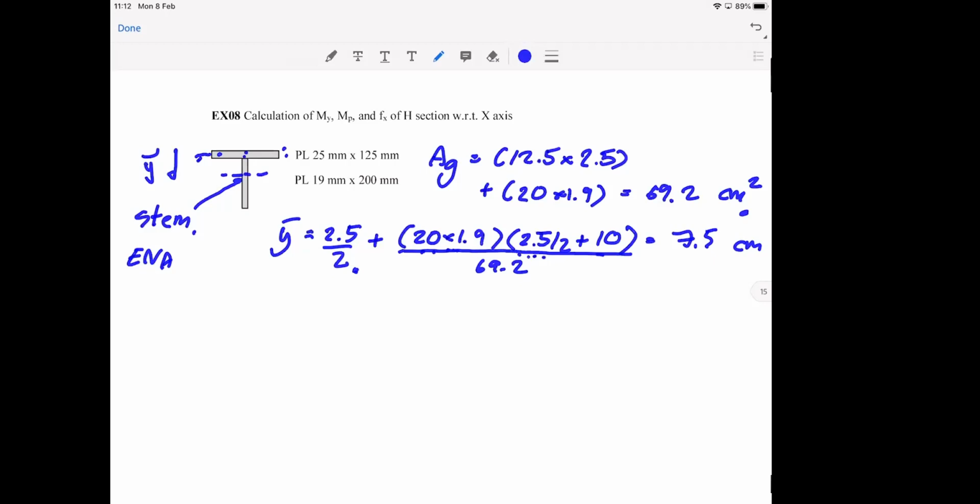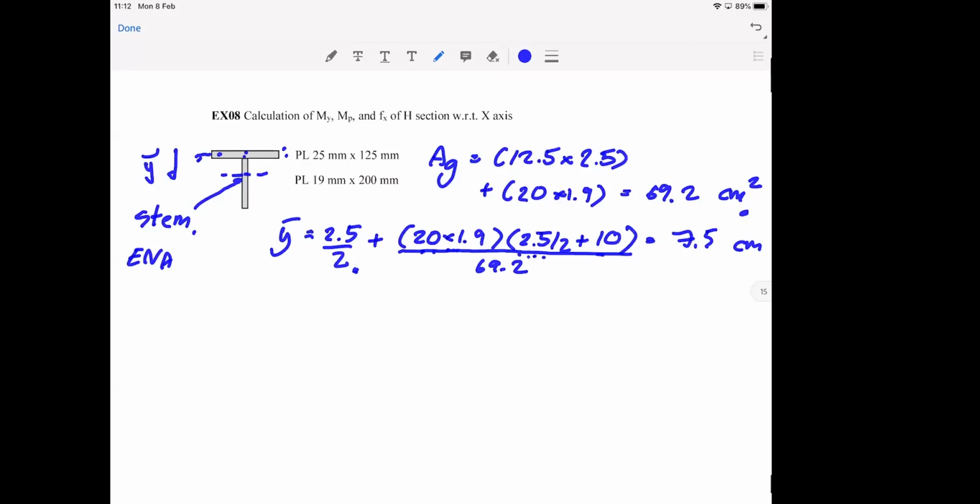You can compare the area of the flange with the area of the stem. Remember that the plastic neutral axis must be the line that divides the cross-sectional area equally.